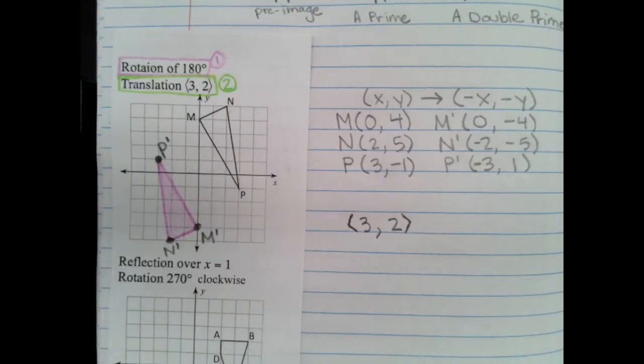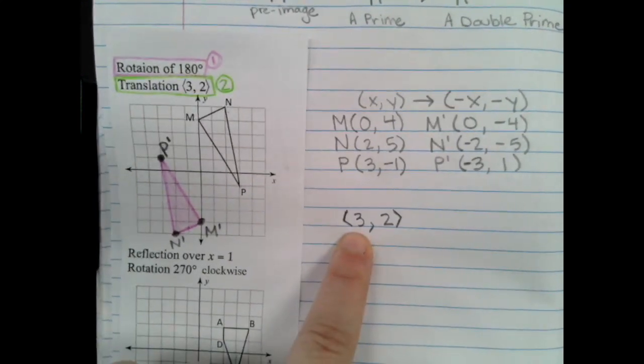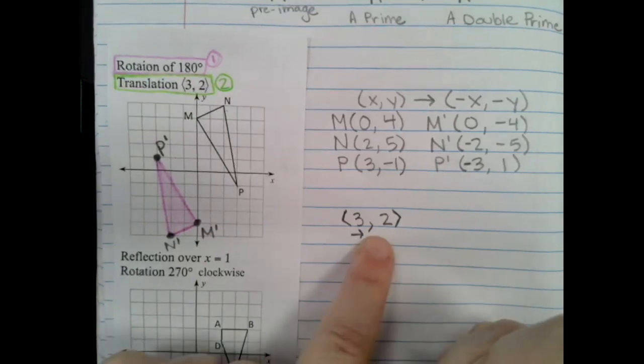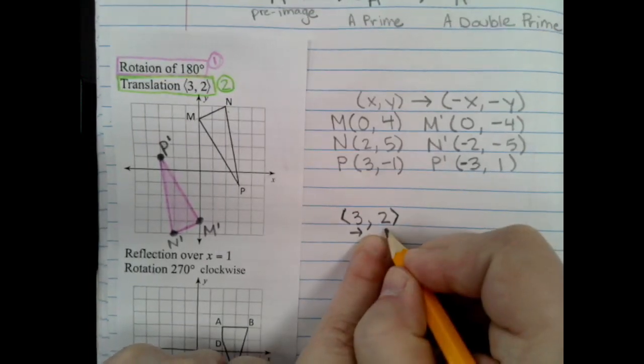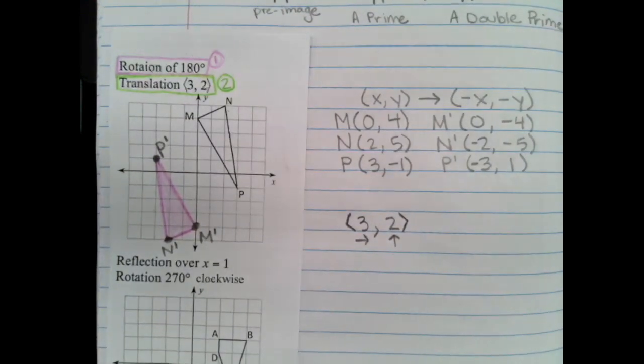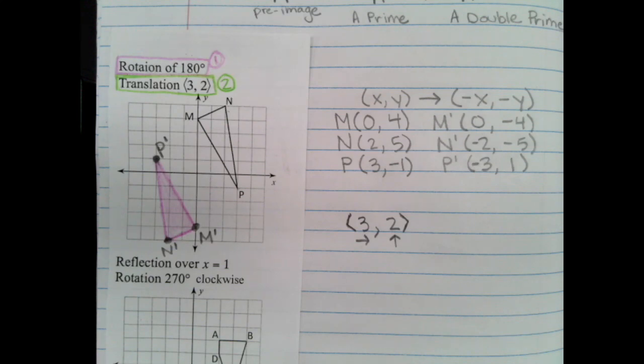It was the bad guy from Despicable Me. Vector. Awesome. So does 3 tell us to go left or right? Right 3. Good. And what does 2 tell us to do? Up 2. So for each point, we start at the point, and we're just going to go right 3, up 2.